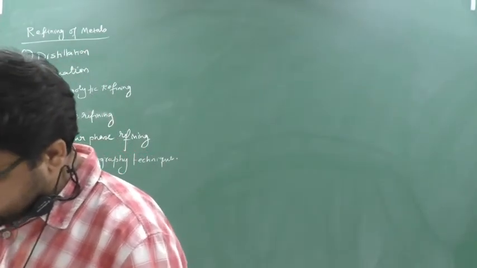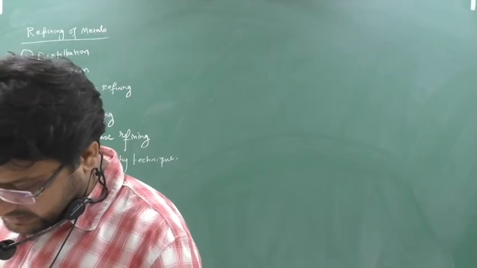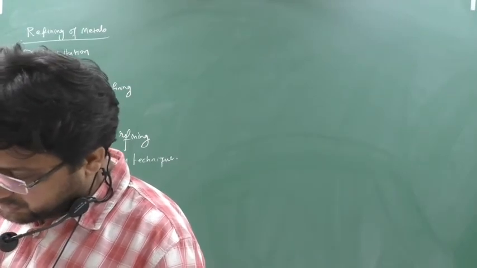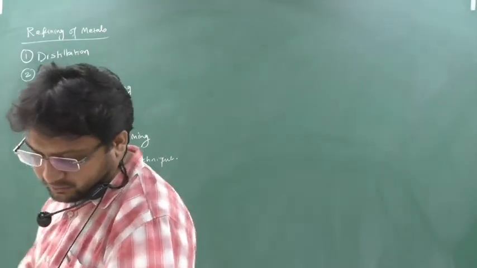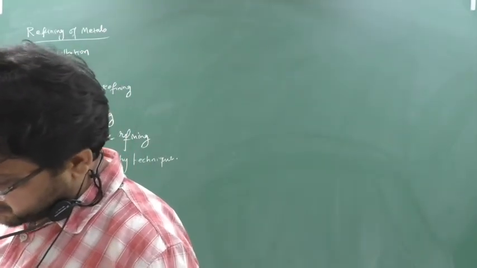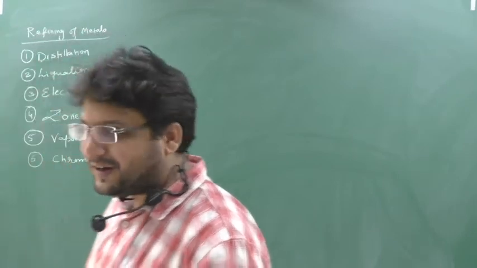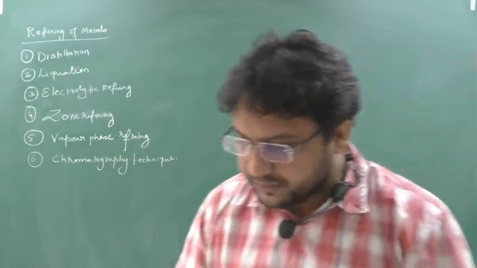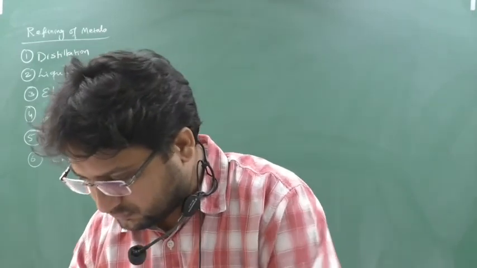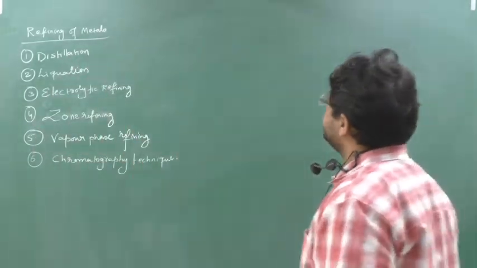Clear? Write this down. I will give you slightly small notes, so that you have to write this down. And here, with the chromatography technique, your chapter ends. That's it, over now. Enough, no? Chalo. Written. So first we will start with distillation.